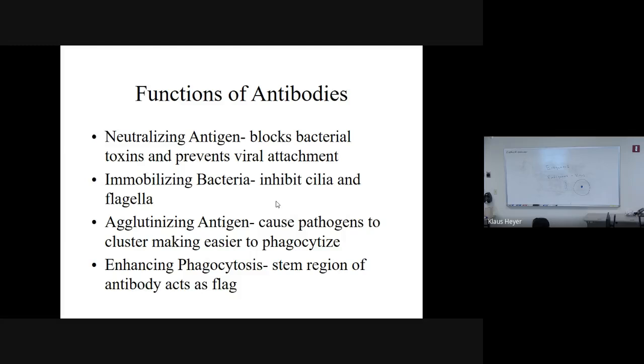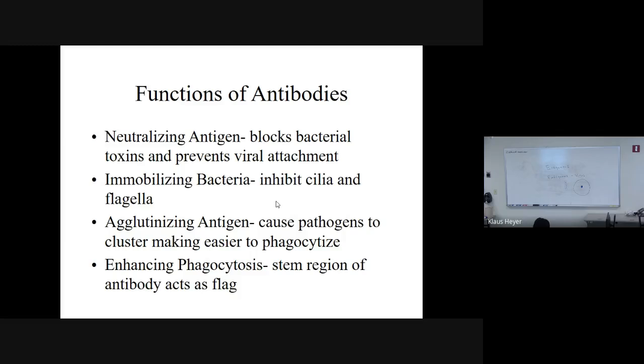So yeah, if you can prevent the viruses from attaching, then they're not going to infect you. And then immobilizing bacteria: cilia and flagella, not so much flagella, especially cilia.